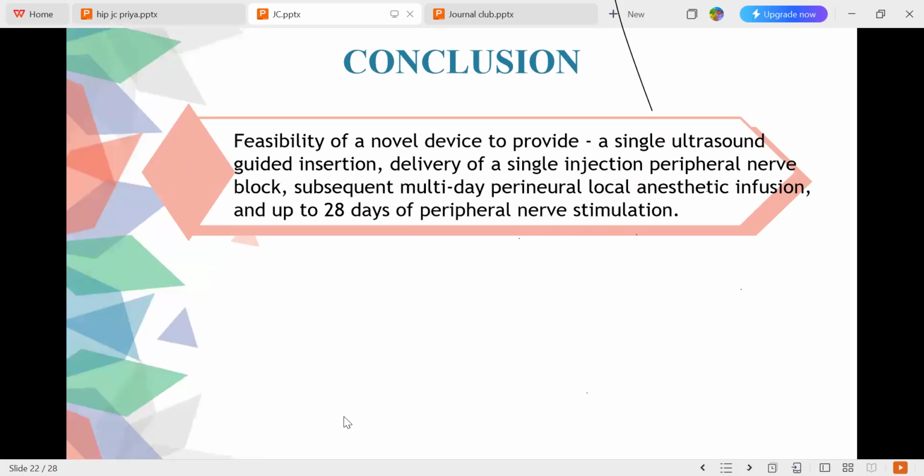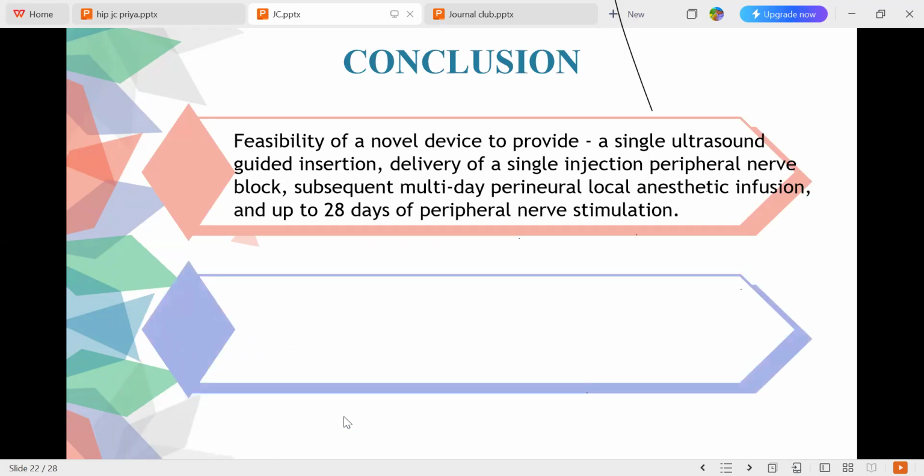So, in conclusion, this device has good feasibility in providing a single ultrasound guided insertion to deliver local anesthetic for a single injection nerve block and subsequent perineural local anesthetic infusion and up to 28 days of peripheral nerve stimulation.